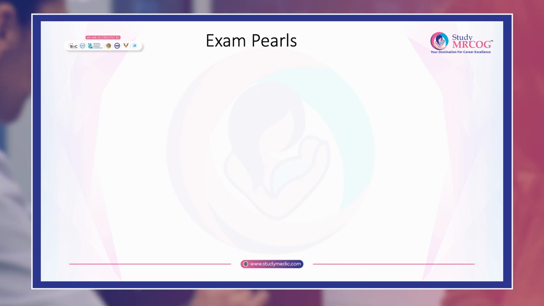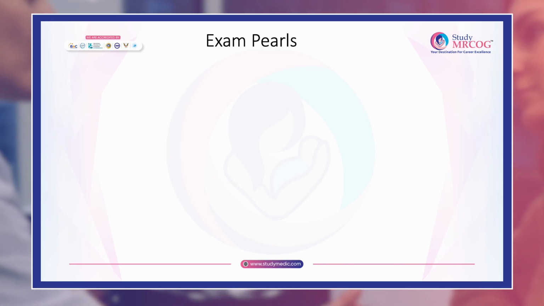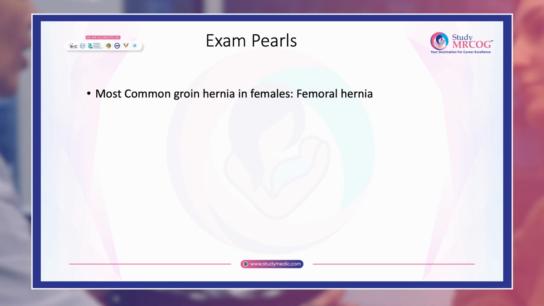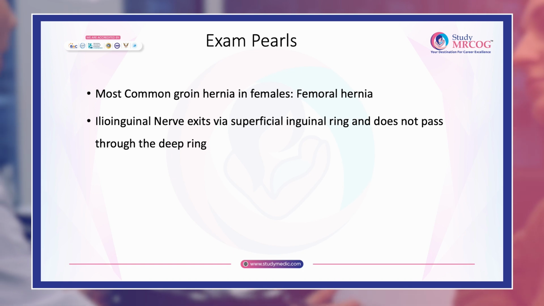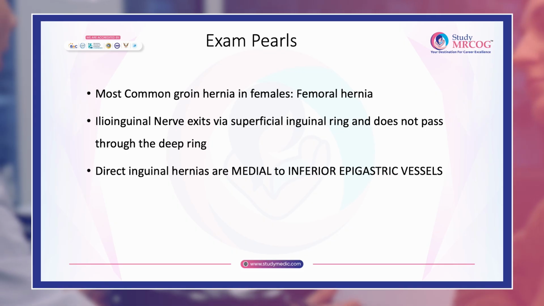And finally, let's go through some rapid examples which are important, and knowing these will more or less help you to understand the region and answer your questions in the exam. So the most common groin hernia in females is not the inguinal hernia, it is the femoral hernia. The ilioinguinal nerve exits the superficial inguinal ring and does not pass the deep inguinal ring.